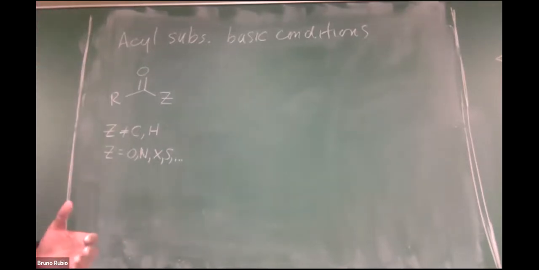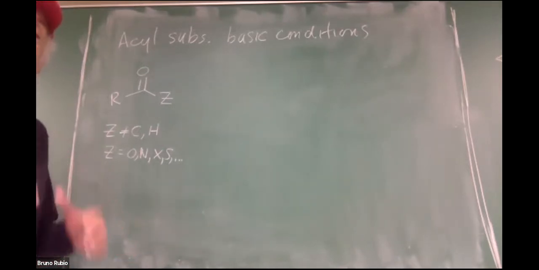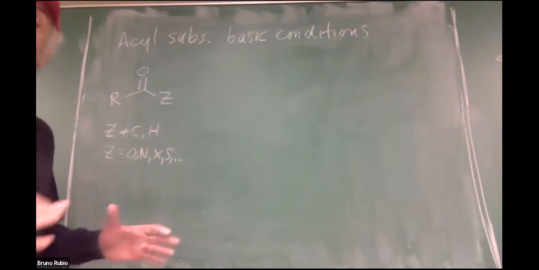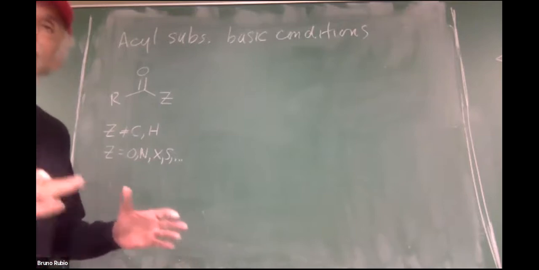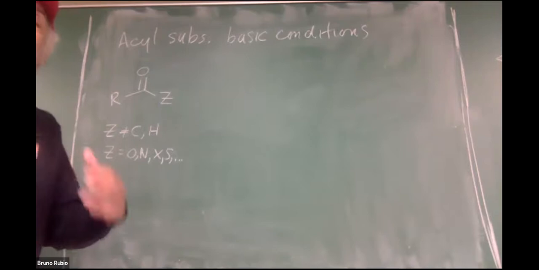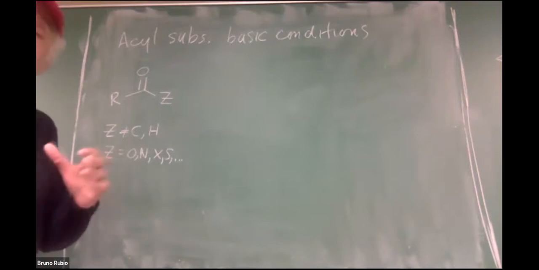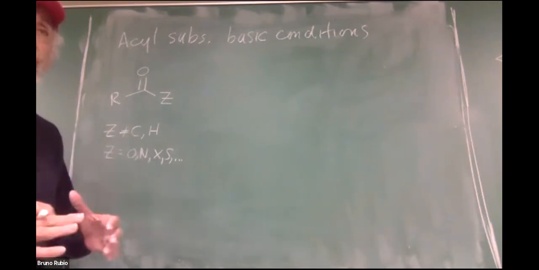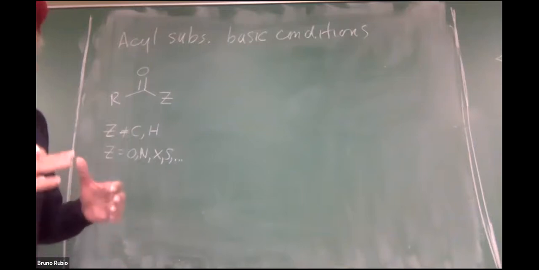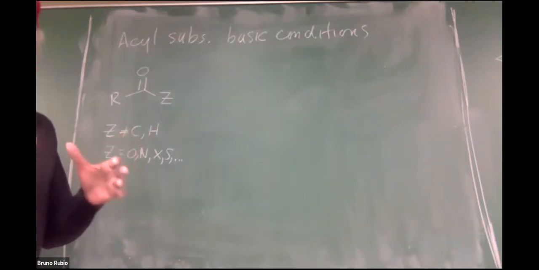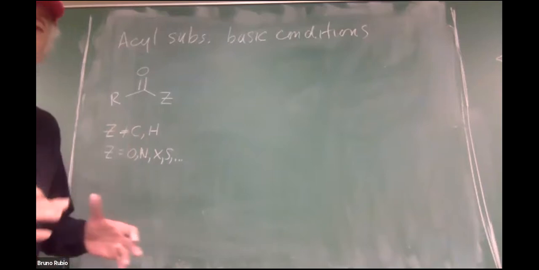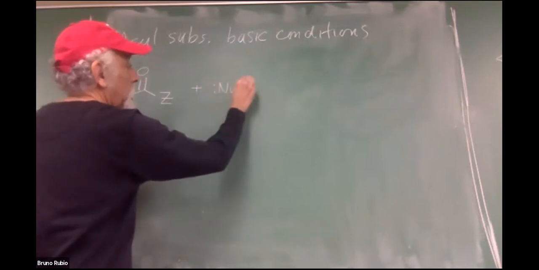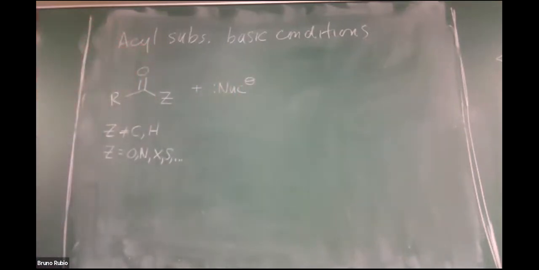Under basic conditions, the nucleophile is ordinarily going to be negatively charged, right? This makes total sense. When we were talking about acid-base reactions, an easy way of identifying the base was the thing that had the negative charge, because a base is something that reacts with H+. So under basic conditions, that nucleophile is going to have a negative charge on the nucleophilic atom. Okay, concrete examples.